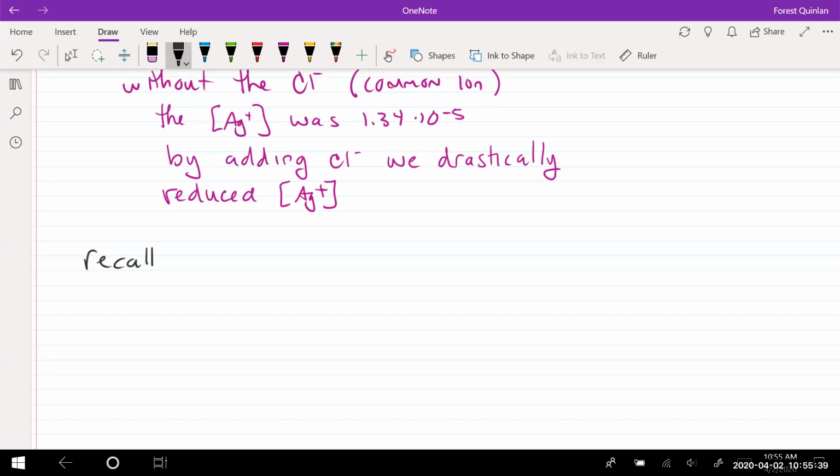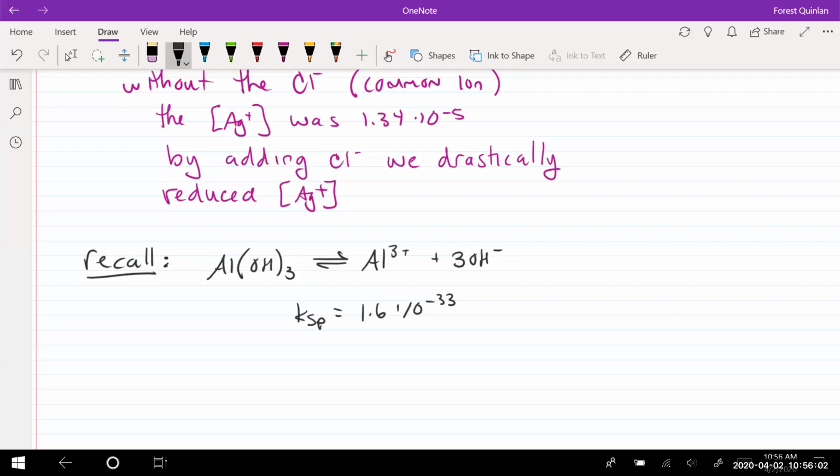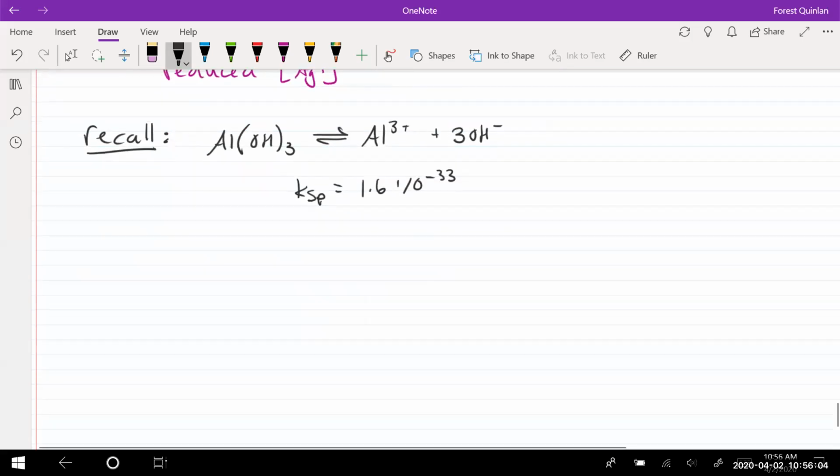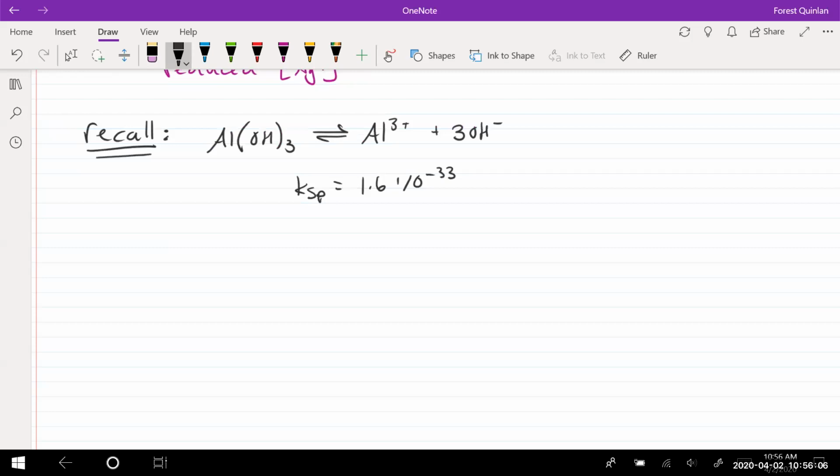Let's recall something else. Recall that we had that aluminum hydroxide back and forth to make Al3 plus and 3 OH minuses. And we had that KSP equals to 1.6 times 10 to the negative 33. We did this before, so we're just recalling this.